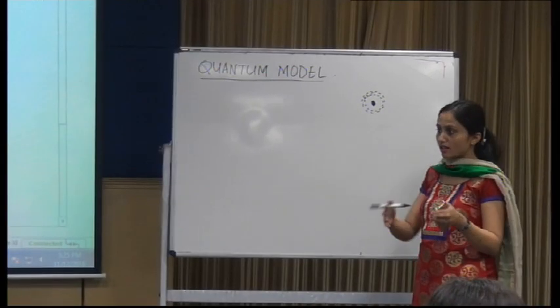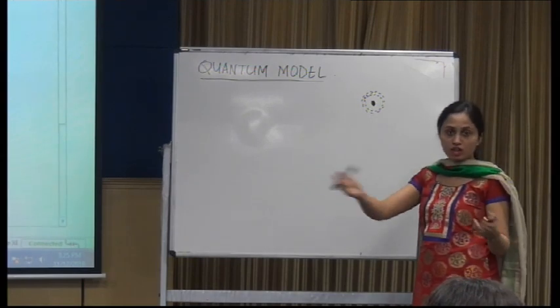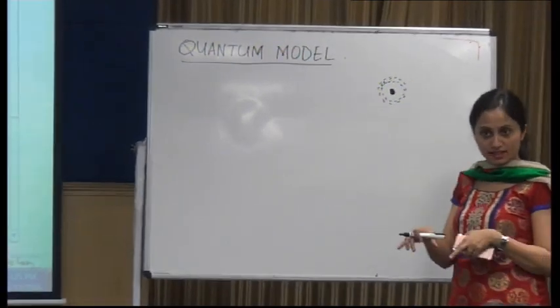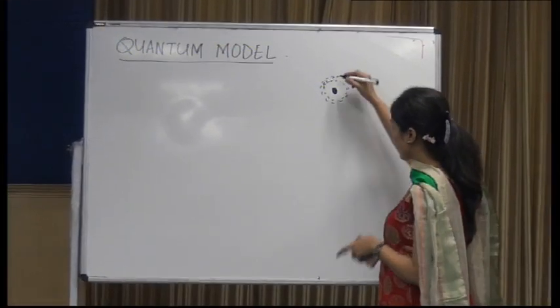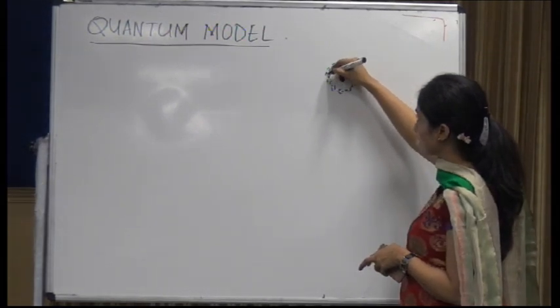If I allow you to freely move around and then take this class, you will at most lie within this classroom only. So there is a probability of the electron moving in a particular region of the space.